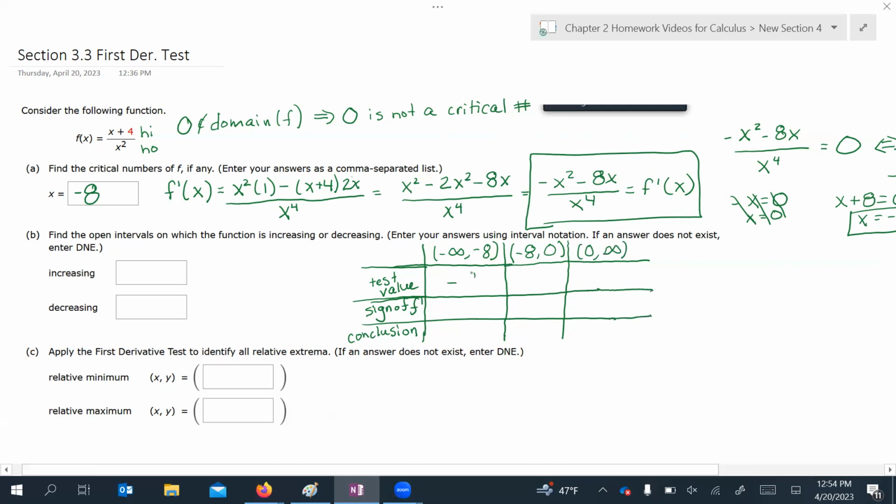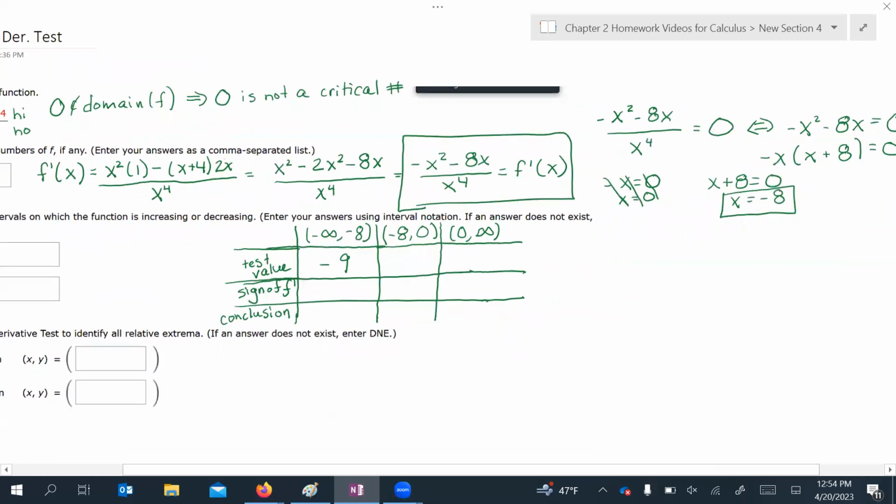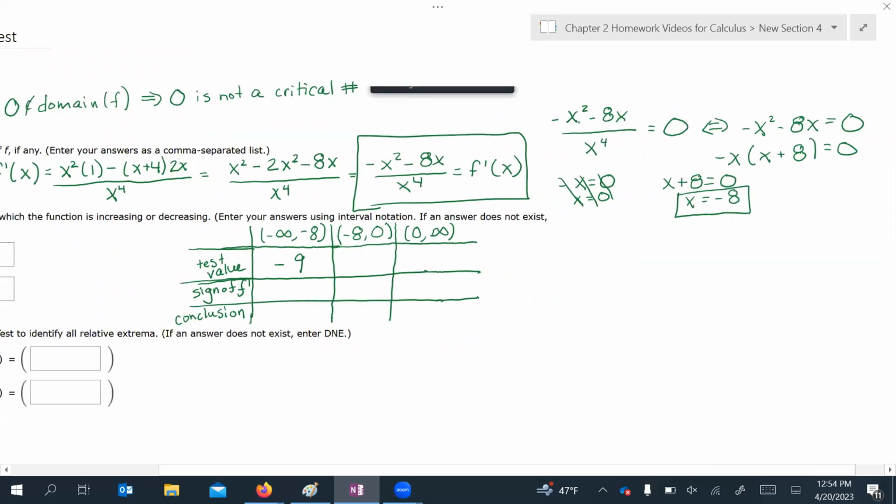So negative infinity to negative 8, I get negative 9. For negative 9, I see that I'm going to have an f prime that is equal to negative 81 minus a negative 72, which will give me a negative 72.